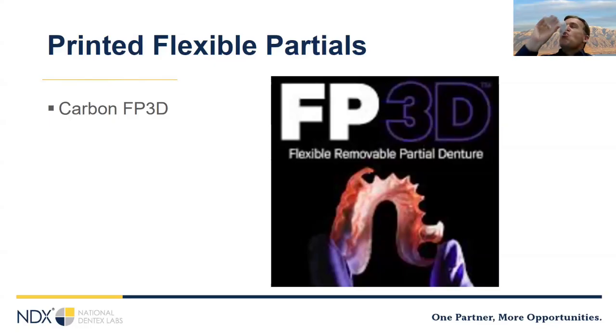But I think this is going to take digital flexibles from being a thing that you hear about once in a great while in that one lab that does some milling, to something that an awful lot of labs are going to be involved in. I'll tell you, right after this class, the Carbon booth was swarmed. So anyhow, like I said, this summer, expect to hear more about this product.